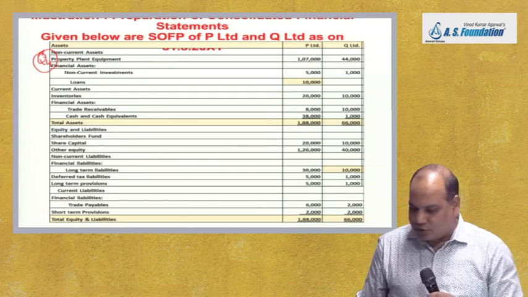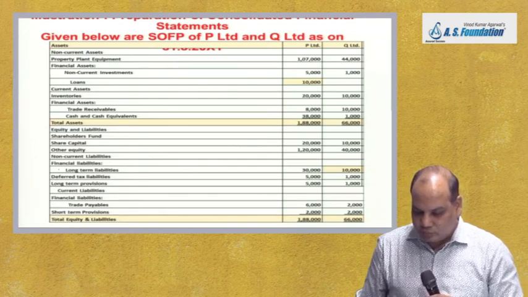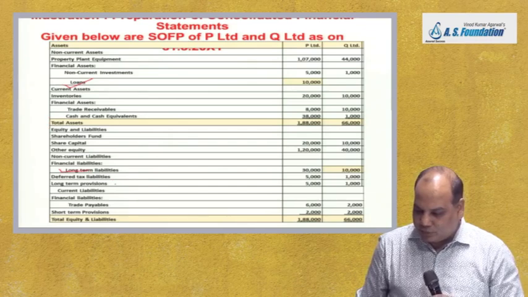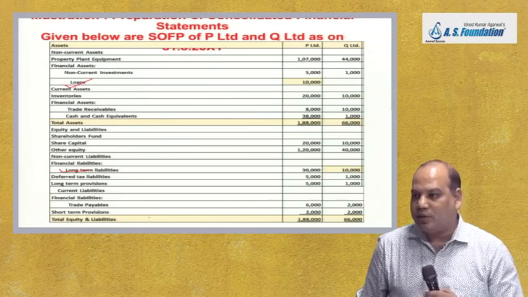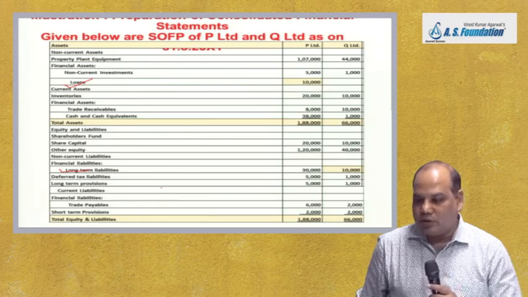Now you tick mark this item, non-current liability, long-term liability, and this loan. Deferred tax liability, long-term provision, current liabilities, financial liabilities, trade payable, short-term provision, total equity and liabilities.